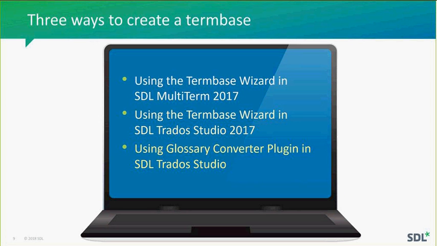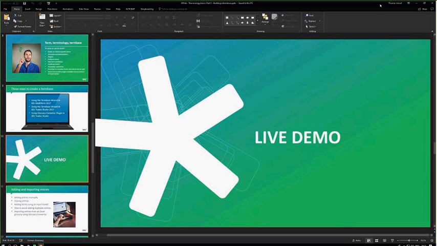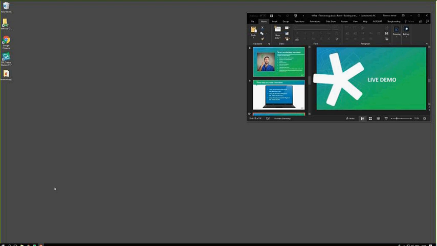And one is using the glossary converter plugin for SDL Trados Studio to create a term base, which is something that I also will show you how that works. So let's go into the first live demo. I will show you how to create a term base first within MultiTerm and then within Studio, and then using the glossary converter plugin. So let's start with MultiTerm.